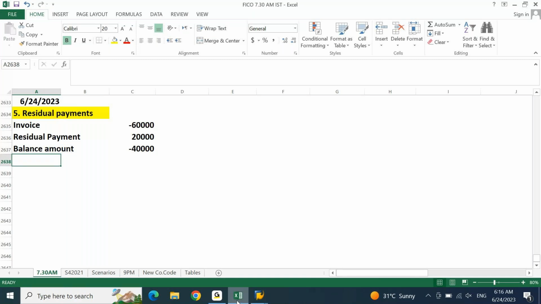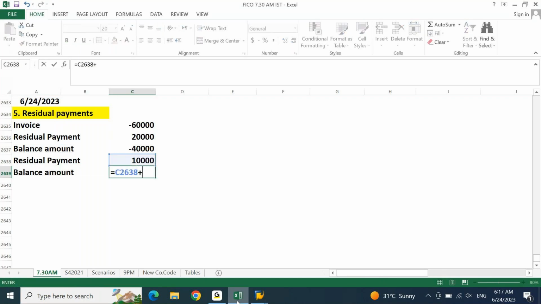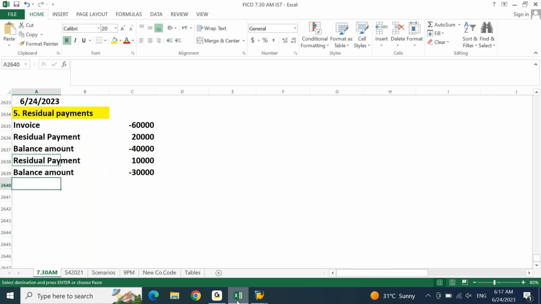Assuming I am making another residual payment for this balance, I'll make another residual payment of 10,000. After making another payment of 10,000, my balance now will become 30,000.